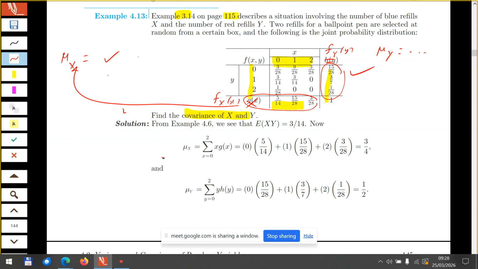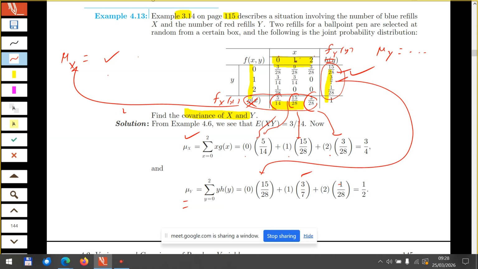So he has now computed mu_x, and you can see that in this computation this distribution was used: 5/14, 15/28, 3/28, and values 0, 1, 2. The same is the case with mu_y, this distribution: 15/28, 3/7, 1/28, and values 0, 1, 2.